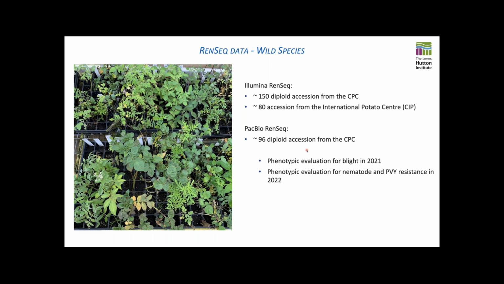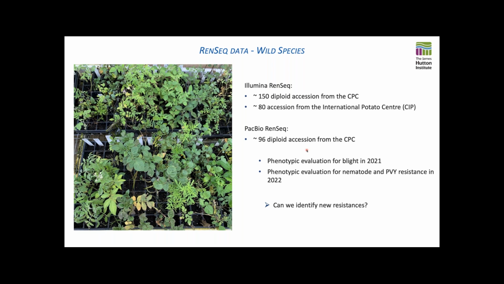Our aim there is to describe the pan-NLRome of potatoes. We just got the data, so we're very excited to look into this now. We've phenotyped these accessions very well with diverse late blight isolates last year, and we are starting PVY and nematode screens this year. We also have historic data that we can draw on for some of these accessions.